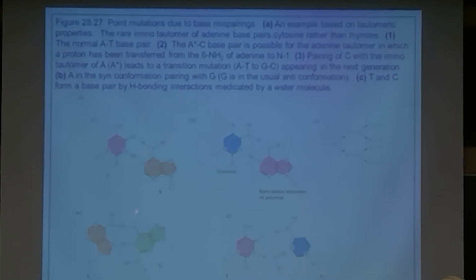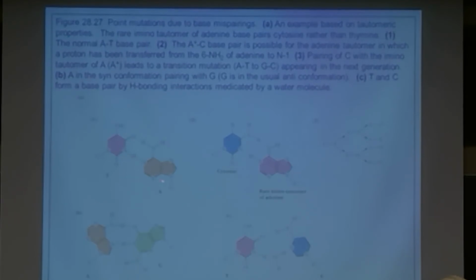But we have studied that the base can also go into keto-enol tautomerism, correct? So if it goes into keto-enol tautomerism, its hydrogen bonding acceptor and donor properties change. So the base pairing ability with other bases also changes.